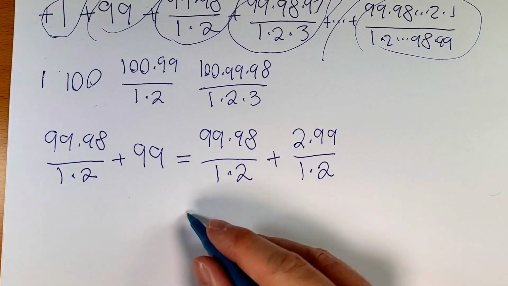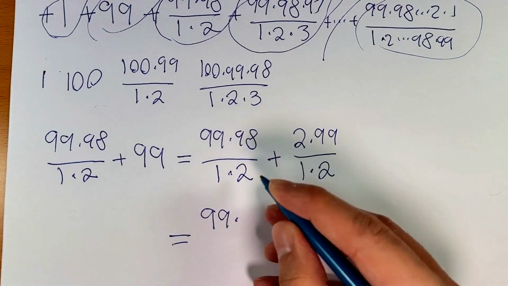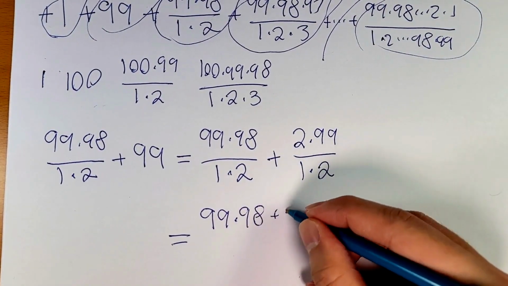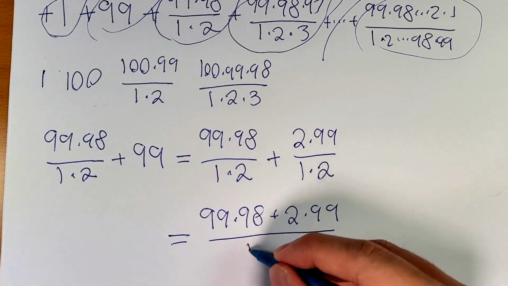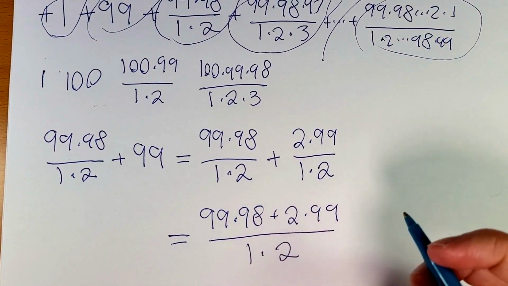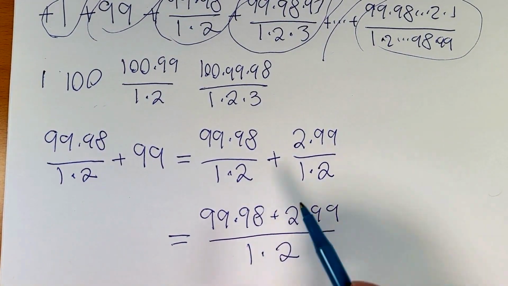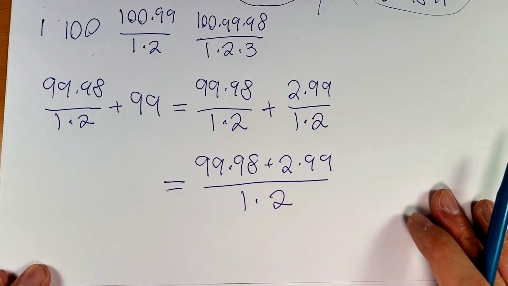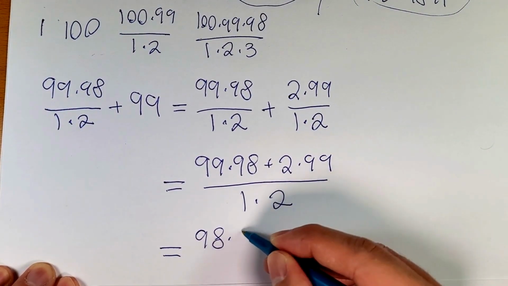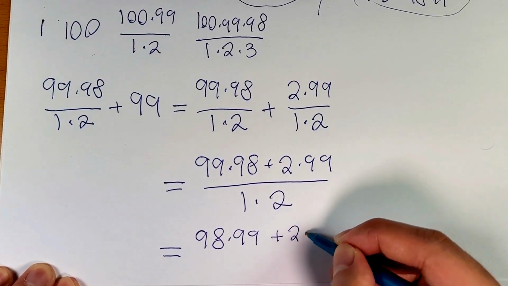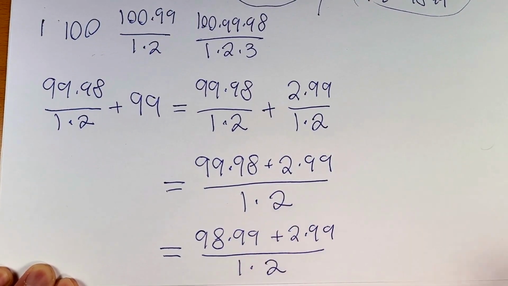So what I get here is 99 times 98 plus 2 times 99 over 1 times 2. I can move the 98 to the left like this: 98 times 99 plus 2 times 99 over 1 times 2.